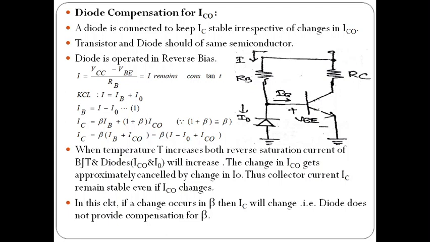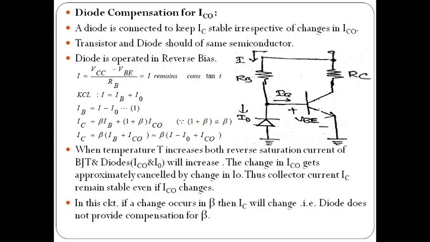Similarly, here the diode is in reverse bias, so for every 1 degree Celsius of temperature increase, the current in the reverse biased diode also increases by 7%. So now it is compensated. How it is compensated, we'll look into in the analysis. Now the diode is in reverse bias. Why?